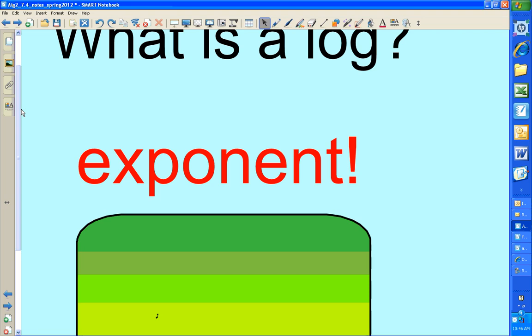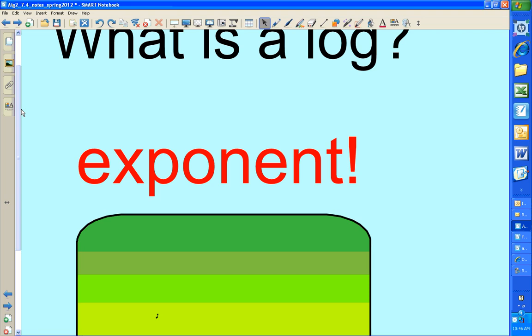And then I was in a class, and they explained logs, and it was like someone flipped the light switch. And I went, really? I had all this trouble for all this time, and that's all a log is, an exponent? It's that simple, and it behaves just like all the properties of exponents that we learned already? That's it, and that was it. Logs are exponents. A log is a power.